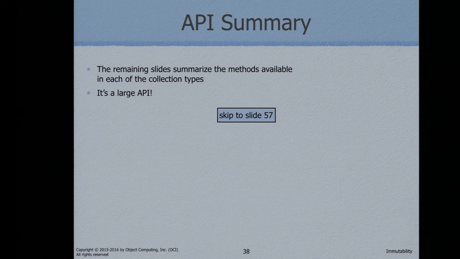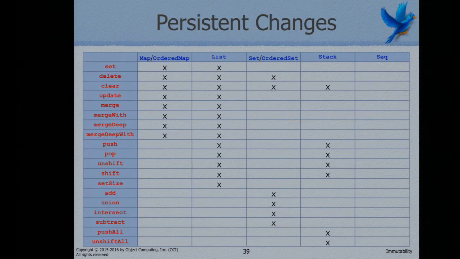So that was a quick run-through of some of the highlights of Immutable.js. I have many more slides in this deck that try to summarize the API for you, and you might find that interesting to look through later. For example, these methods that make persistent changes to some kind of a collection.